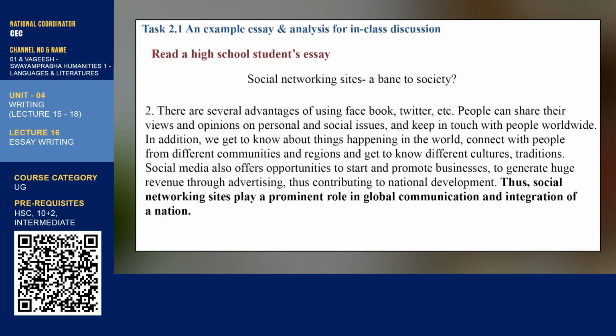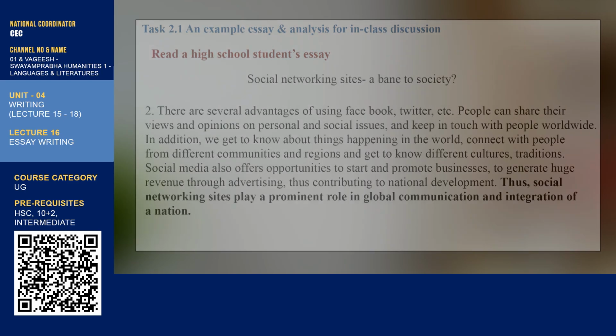It's also about connecting with people worldwide and learning about other cultures and communities. Finally, the writer uses a concluding statement which I personally think is very good. Thus, social networking sites play a prominent role in global communication and integration of a nation. So, this is one body paragraph which focuses on advantages.